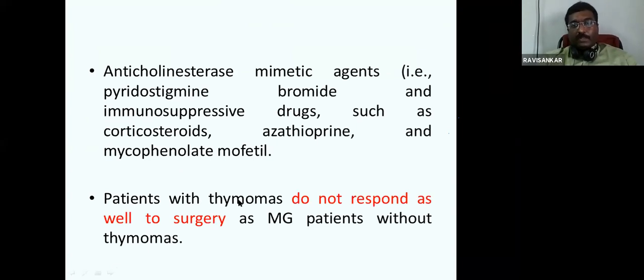Regarding treatment of patients with thymomas, I'm talking about myasthenia gravis: part of them recover with surgery, but some might not recover with surgery, where other agents should be used. Anticholinergic agents can be used. Before going for surgery, always search for the anticholinergic antibodies, which can be useful to find the susceptibility for myasthenia gravis, even if there are no symptoms, because there are many of them who might not come out of the anesthesia.